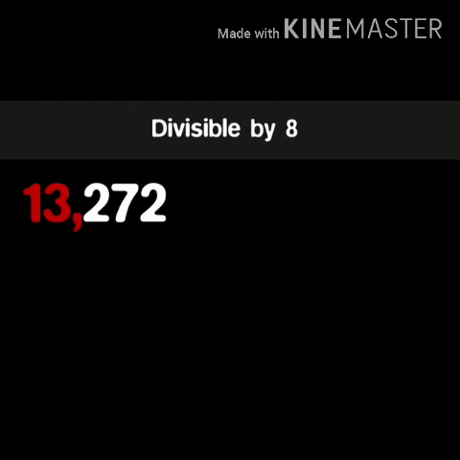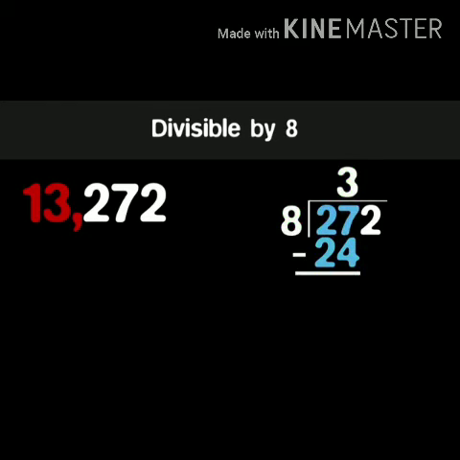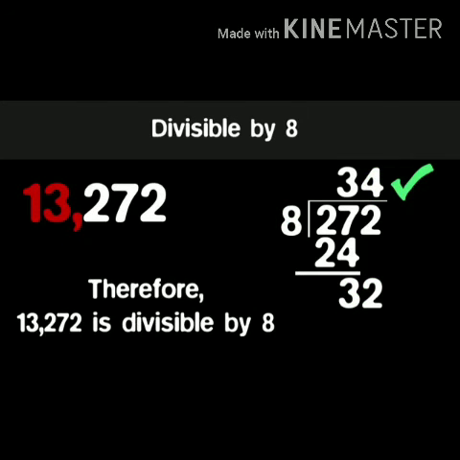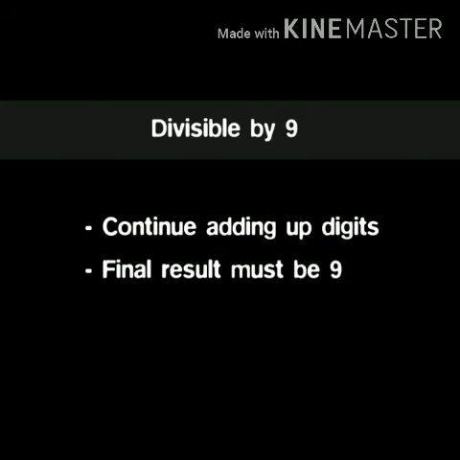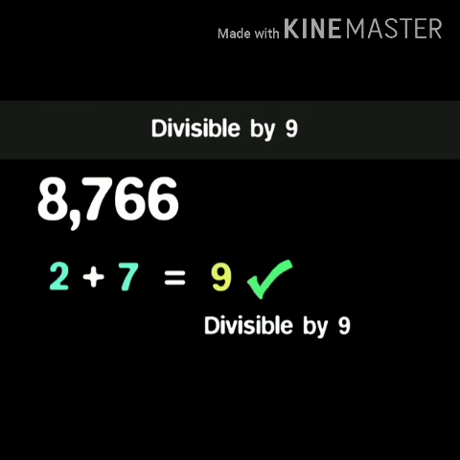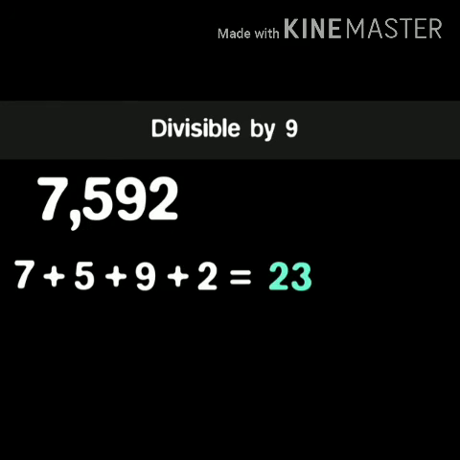If the last 3 digits are divisible by 8, then the whole number will be divisible by 8. If the sum of all digits is divisible by 9, then the whole number will be divisible by 9.